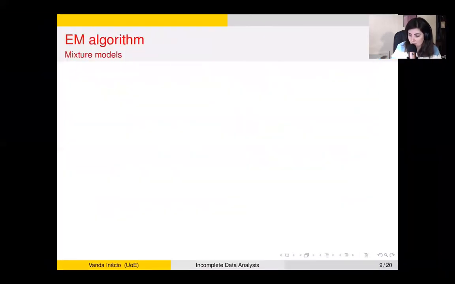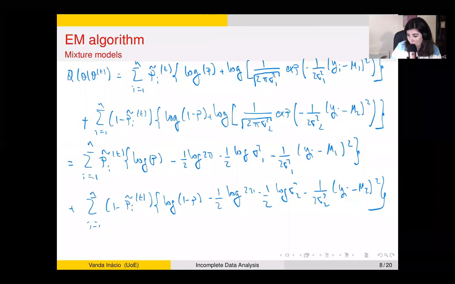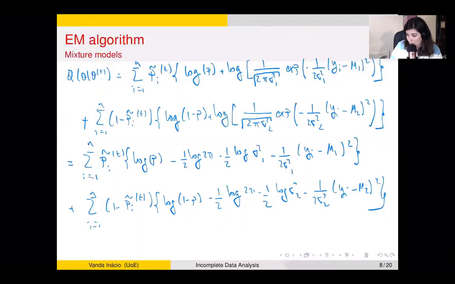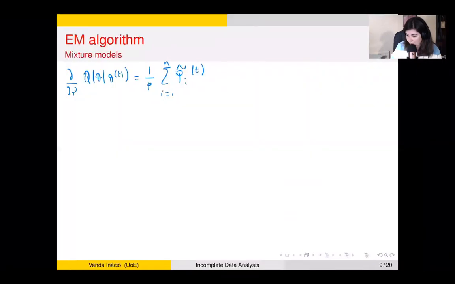So now let's take the partial derivative of our function Q with respect to P. Correct, minus this, and that's it for the derivative with respect to P. Now let us set it to 0 and solve for P at iteration t plus 1.